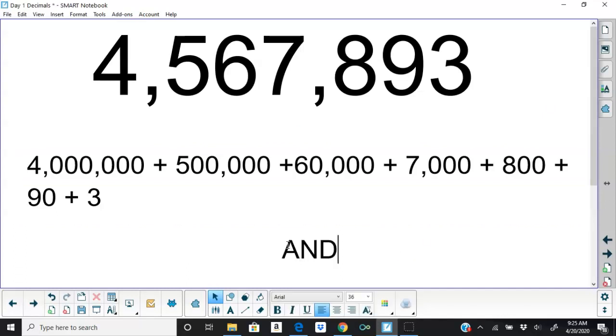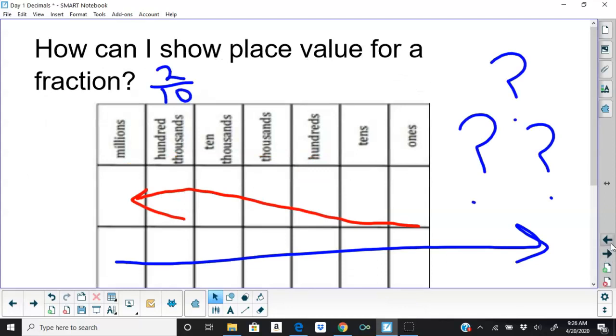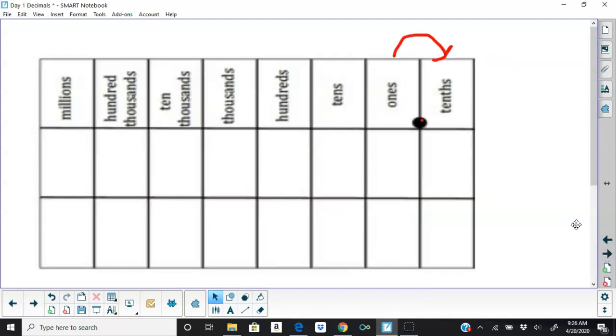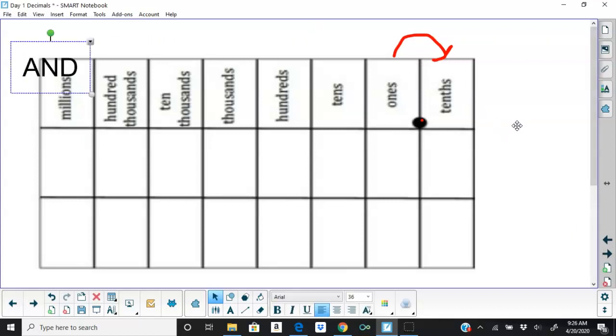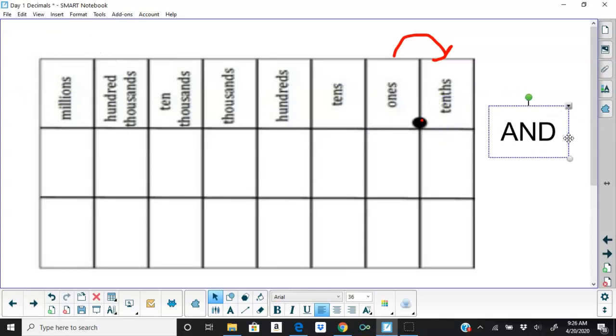I always said you cannot say the word and. We were not allowed to use the word and when reading numbers. And one of the reasons for that was because when we're talking about decimal place value, the word and goes with a decimal point. So anytime we see a decimal point, we say the word and.